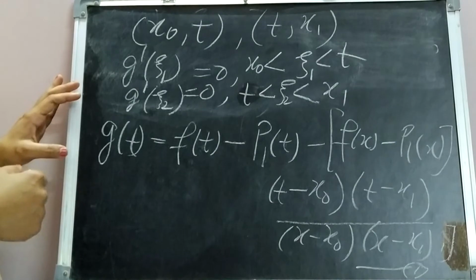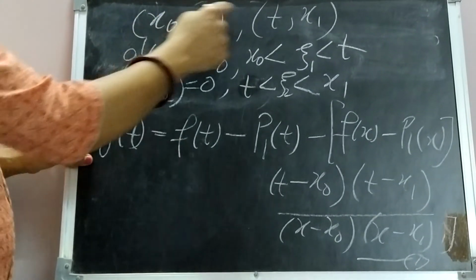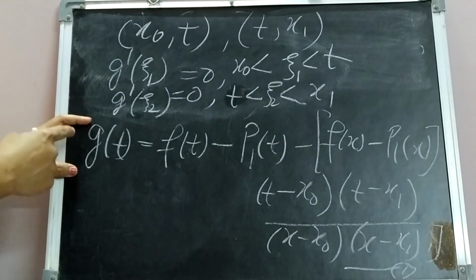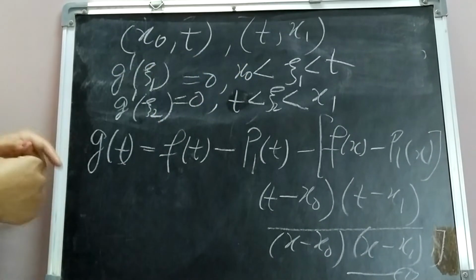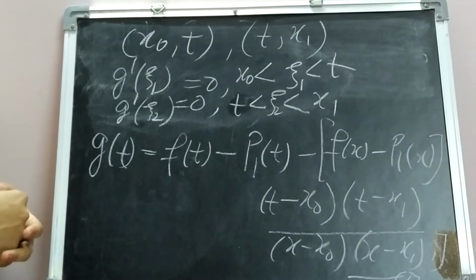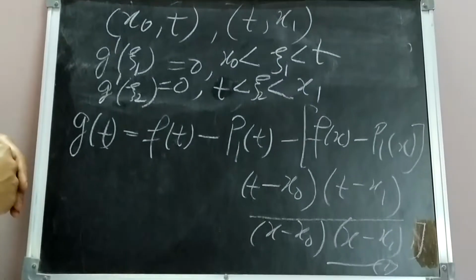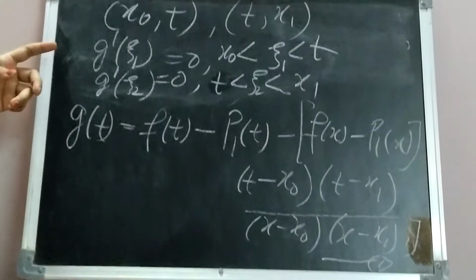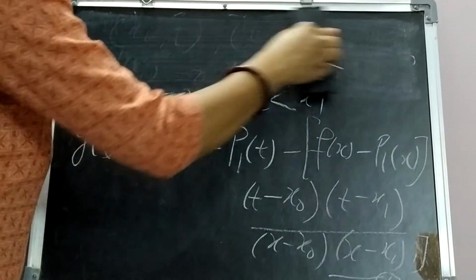Now t is a point lying between x0 and x1. So g'(t) will also satisfy the condition of Rolle's theorem. Next, we are going to apply Rolle's theorem for g'(t) on the interval [xi1, xi2].